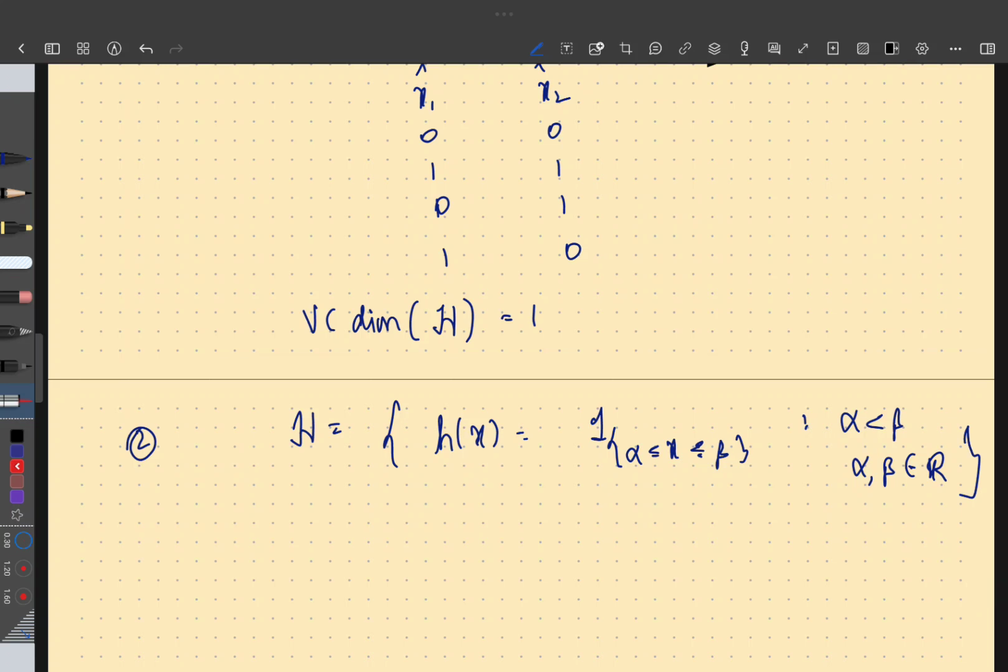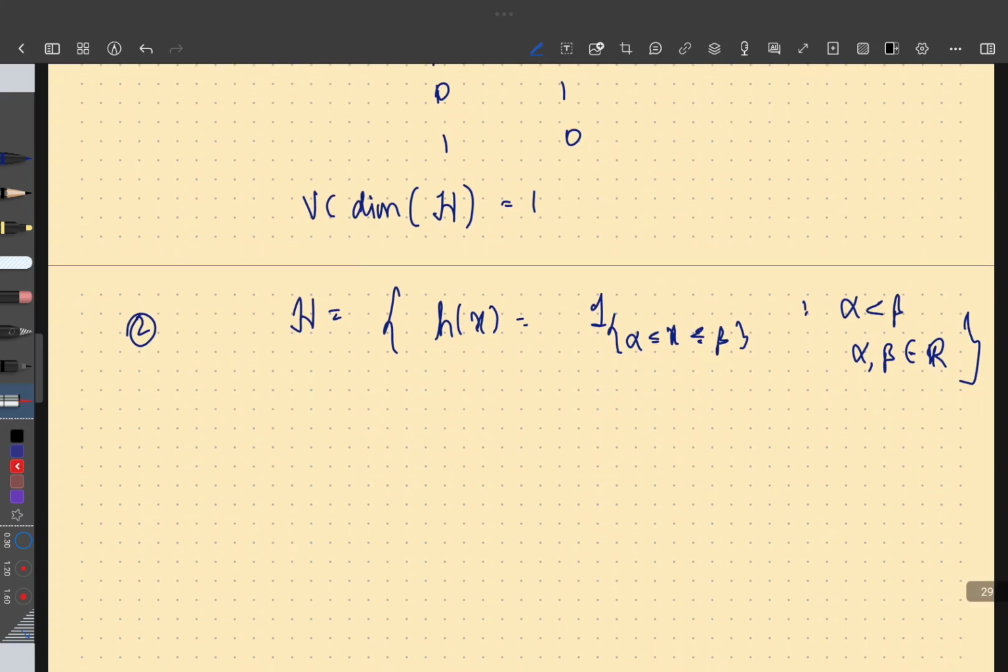But you can't generate all possible labelings. In particular, if you take any 3 points, then you will never be able to generate 1, 0, 1. Because once h of x becomes 1, it remains 1, and then once it becomes 0, it can't become 1 again.